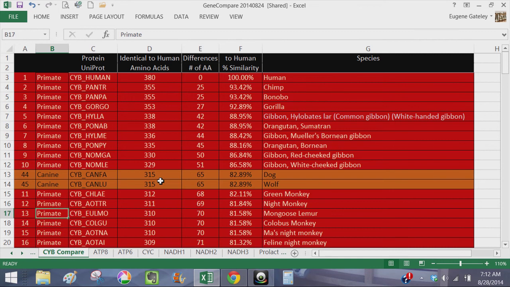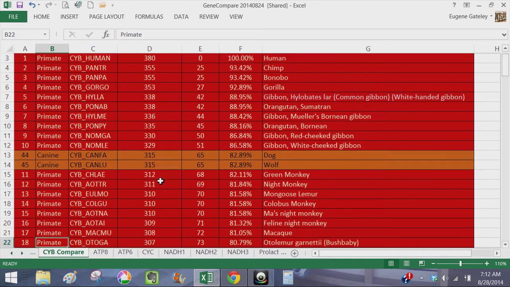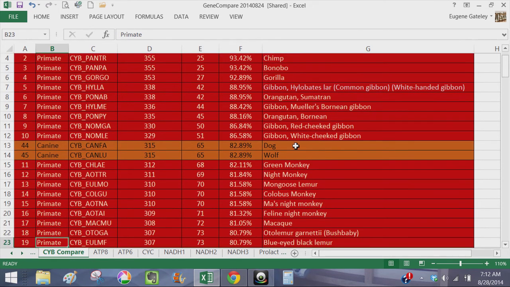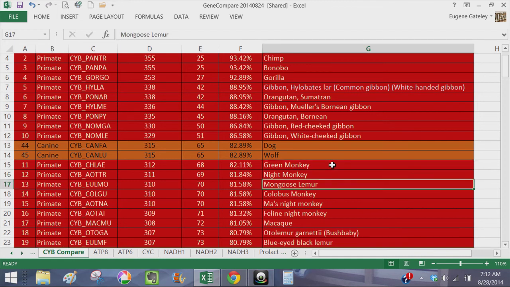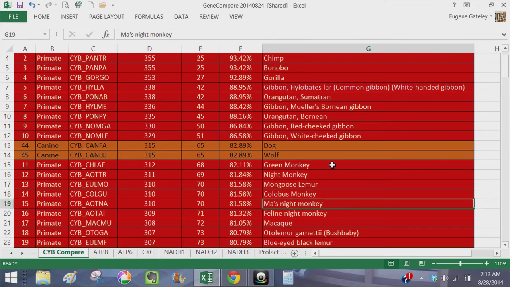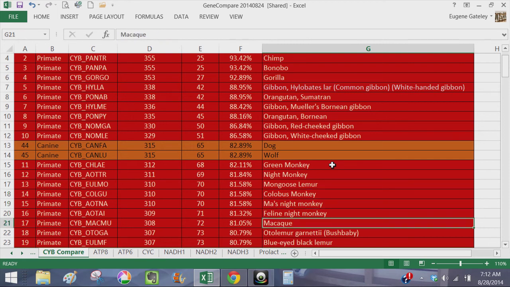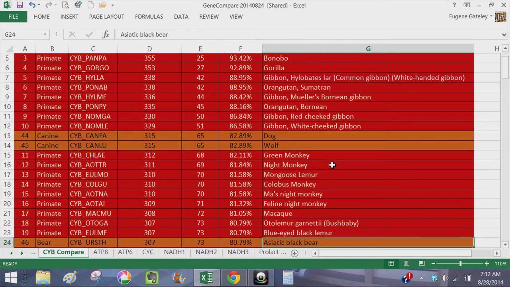Dog, and wolf as well, are more similar to human than all these other species like green monkey, night monkey, mongoose lemur, colobus monkey, moz night monkey, feline night monkey, macaque, bush baby, black-eyed lemur.